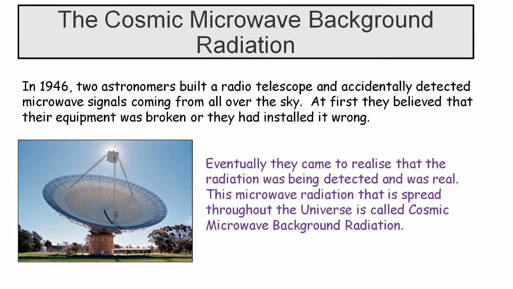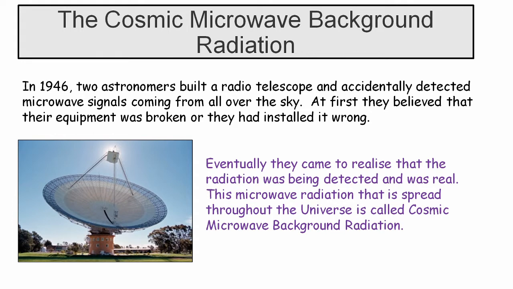Now, in 1946, two astronomers built this telescope here that you can see, and they used it to detect signals coming from space, and they realized that they were detecting a signal wherever they pointed the telescope, and it seemed to be coming from all over the sky.